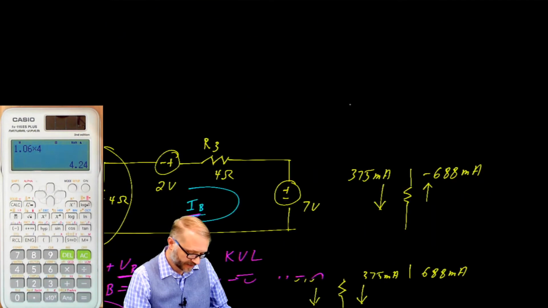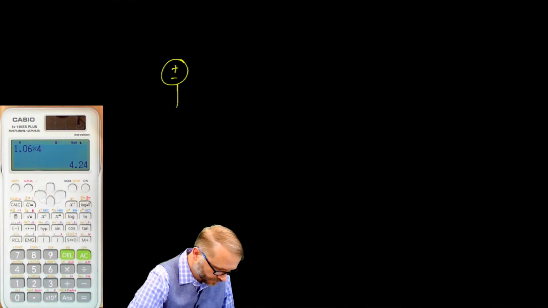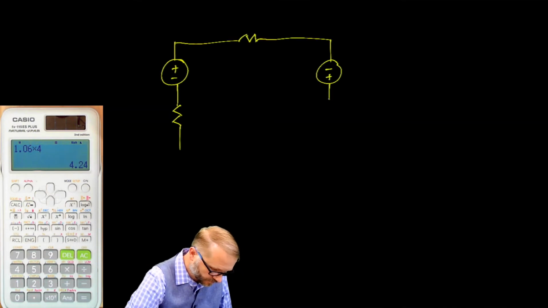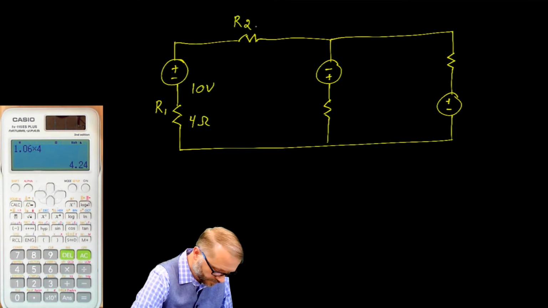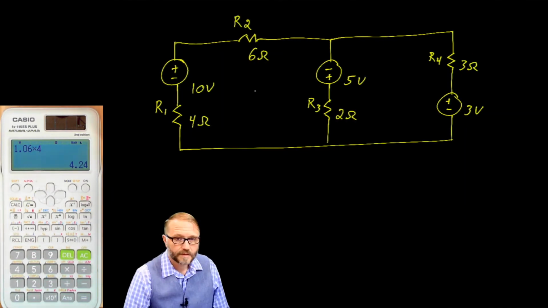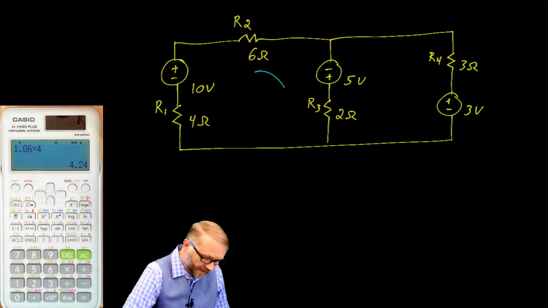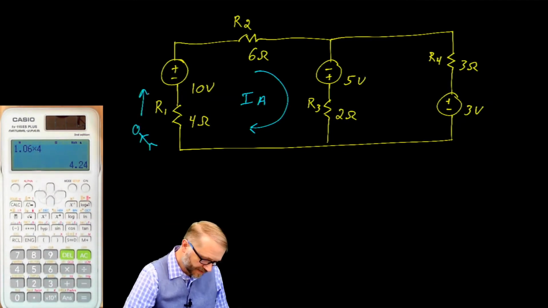While we're here, let's work another example. To get us started, we'll make a loop. We'll call this current A. We start in the lower left-hand corner, and we walk the circuit.